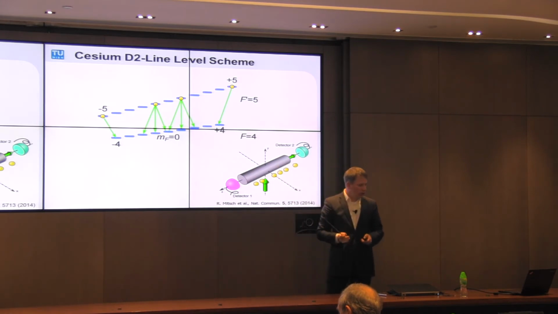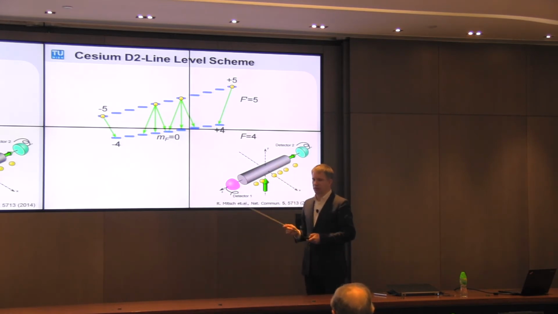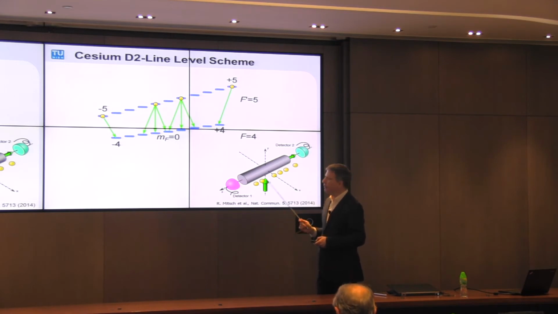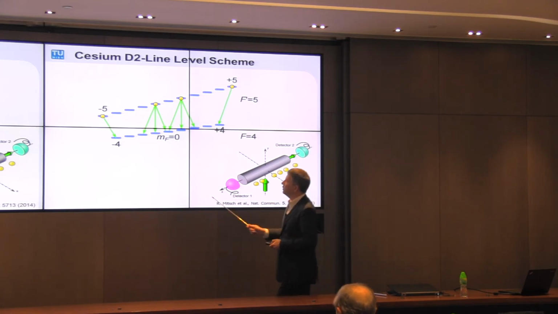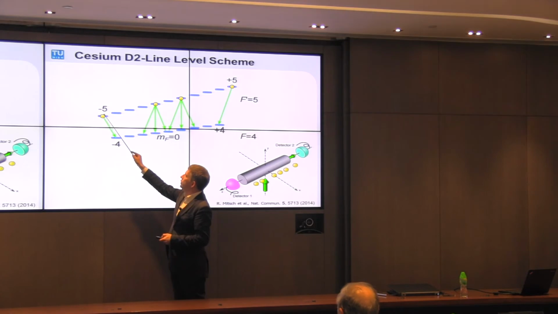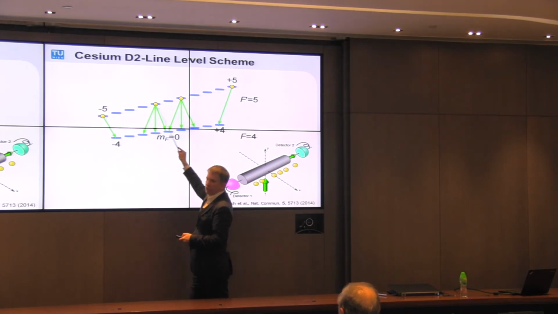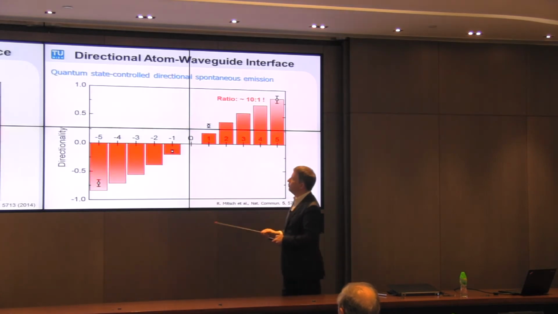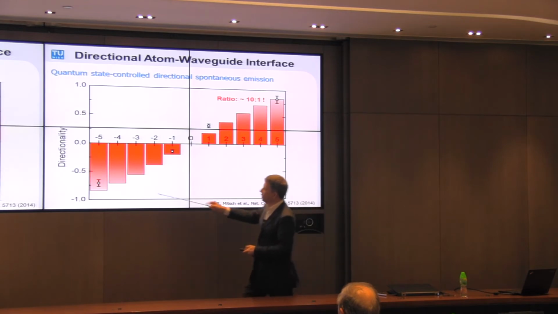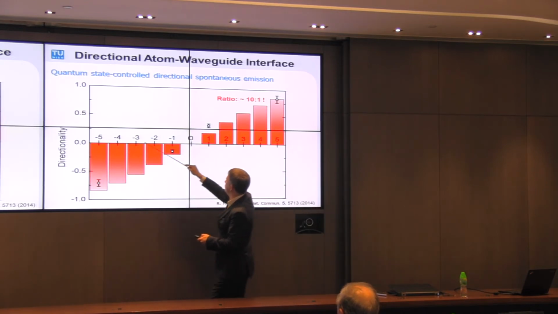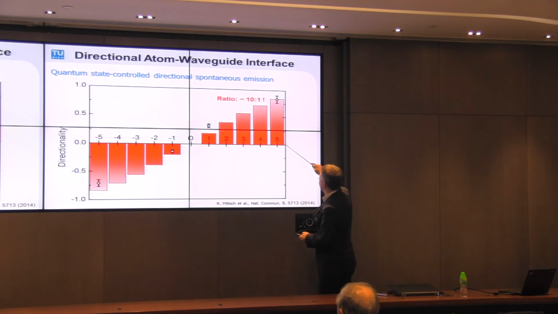So if I now plot again the same quantity as before for the gold nanoparticle, so this directionality, however, this time as a function of the magnetic quantum number of the excited state, then this is what we observe. So here, directionality versus magnetic quantum number. The red bars are the theoretical prediction taking into account dipole selection rules and thus the polarization of the emitted light.